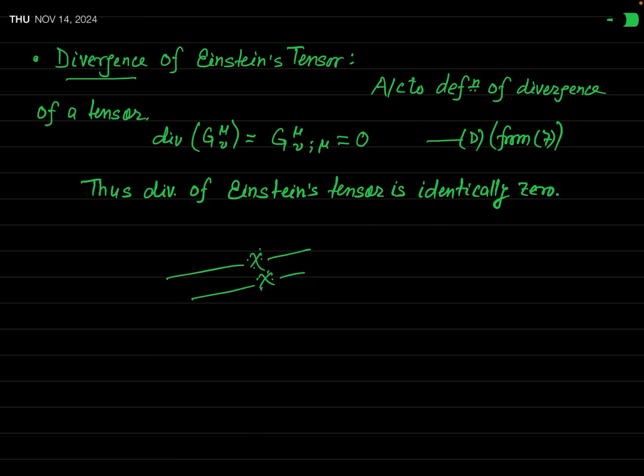If you define the divergence of g mu nu, which is a mixed tensor, then in accordance with the definition of divergence of a tensor, this can be written as the covariant derivative of this tensor g mu nu with respect to mu.